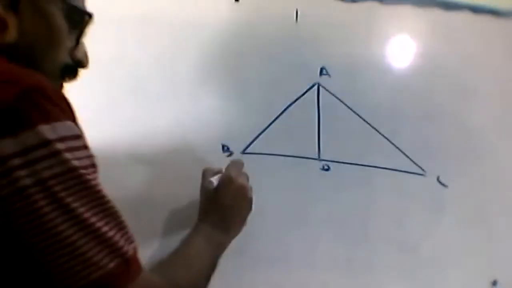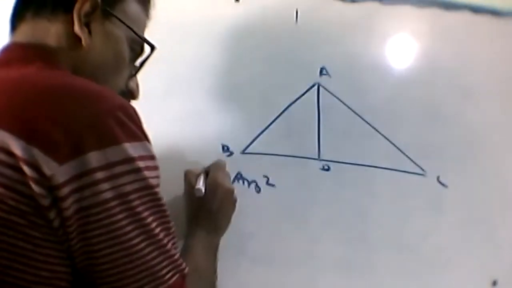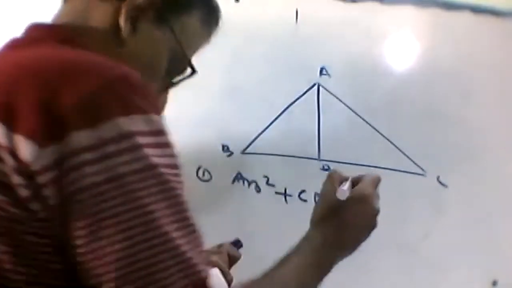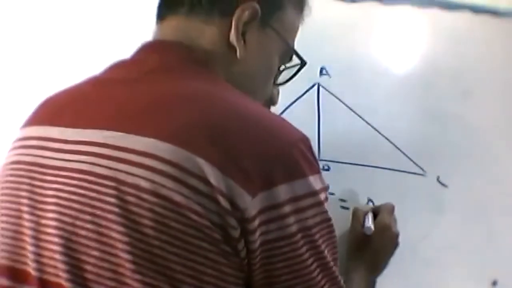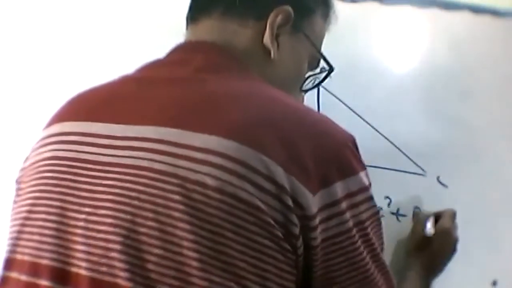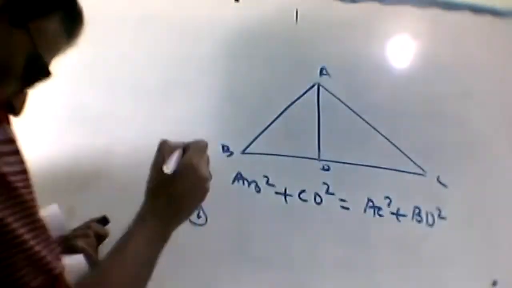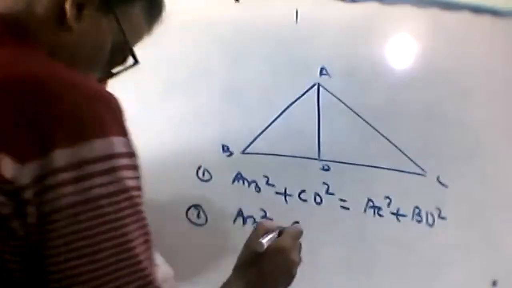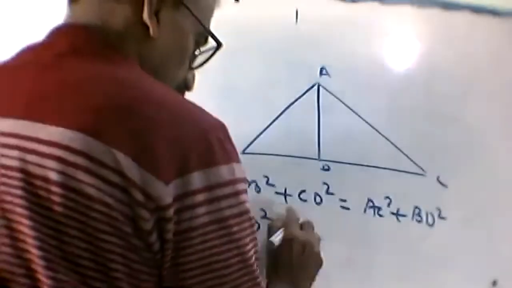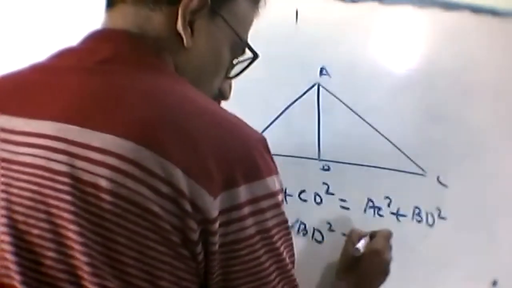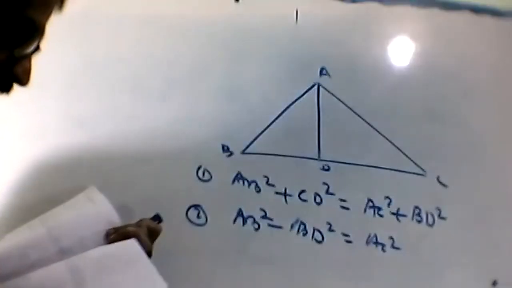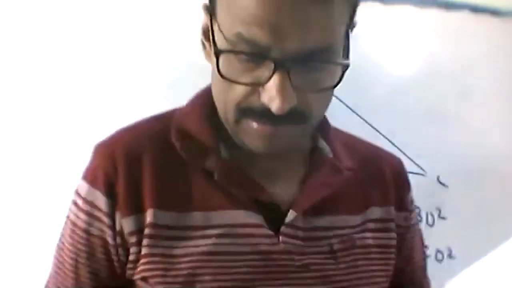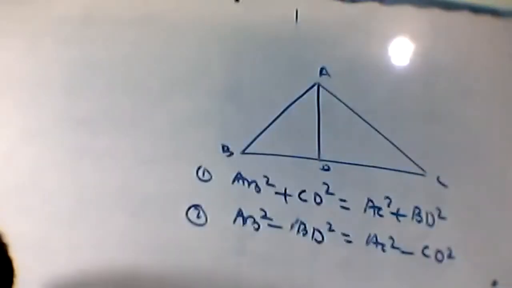Prove that, number one, AB square plus CD square equals AC square plus BD square. Number two, AB square minus BD square equals AC square minus CD square. Okay, try now. Everyone should get this one.